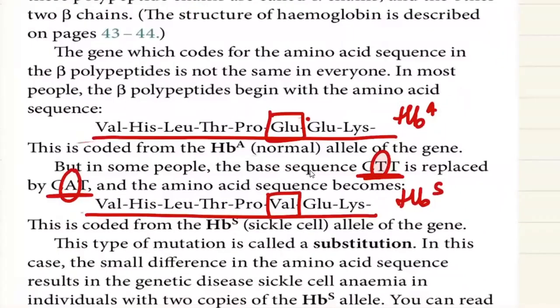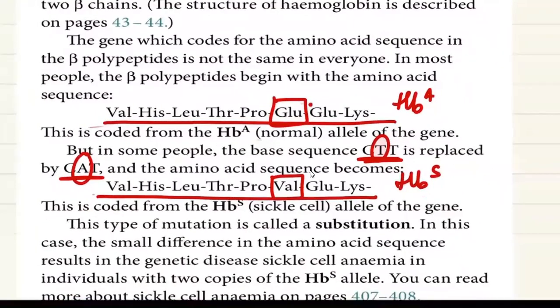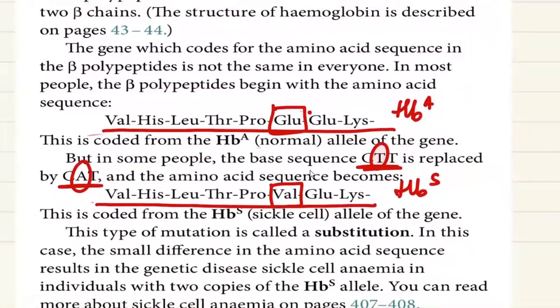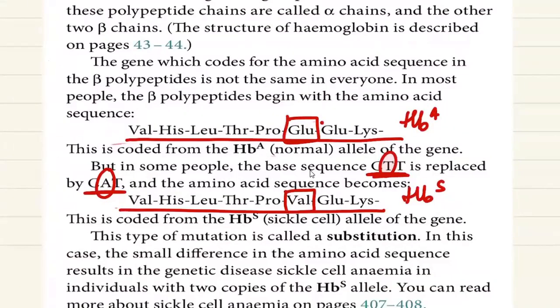We are replacing T with A, and this will change the amino acid. And because we are substituting one base with another base, this kind of mutation is known as a substitution mutation, right? So you can say that the mutation responsible for sickle cell anemia is an example of substitution mutation.